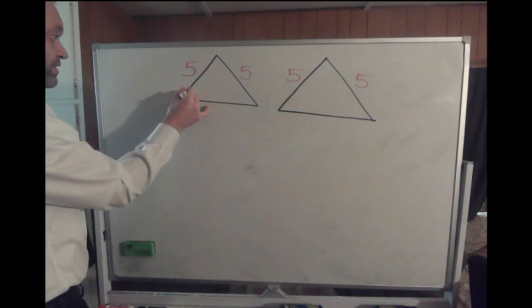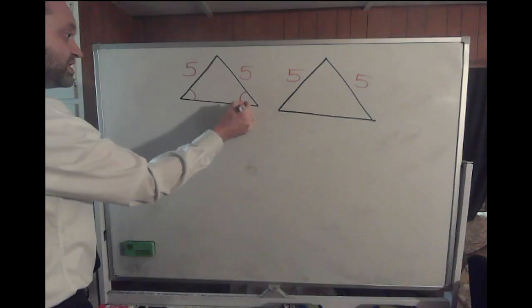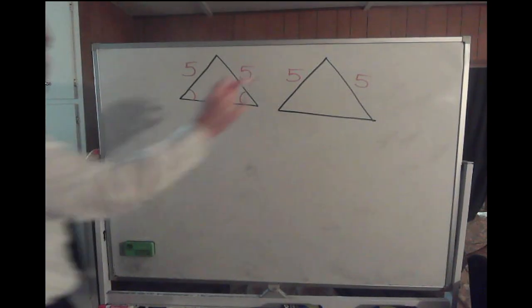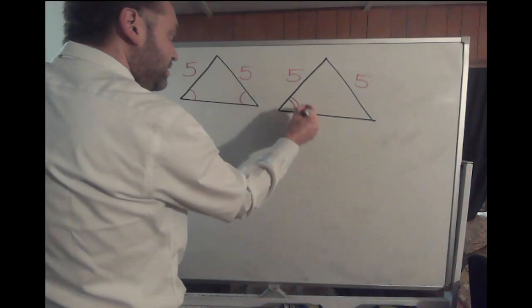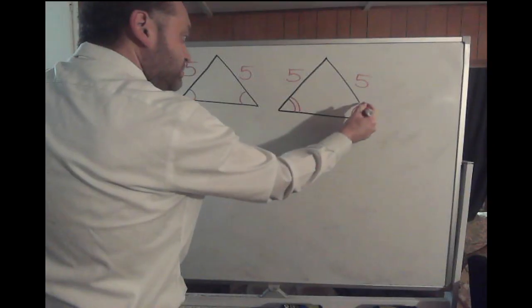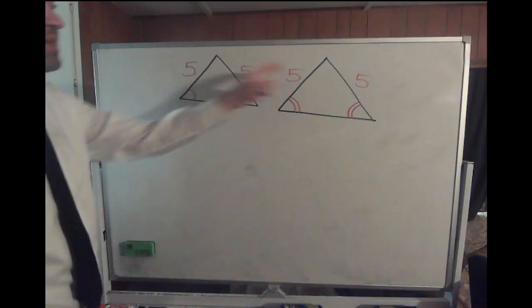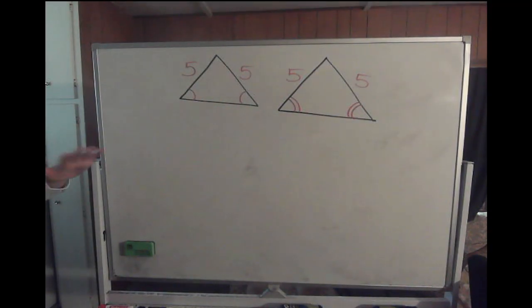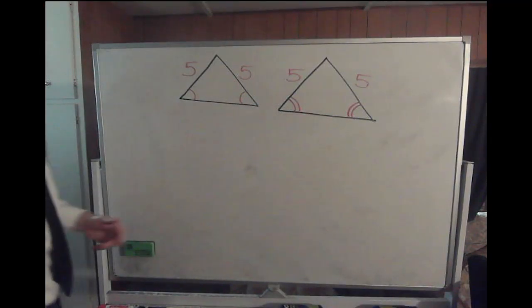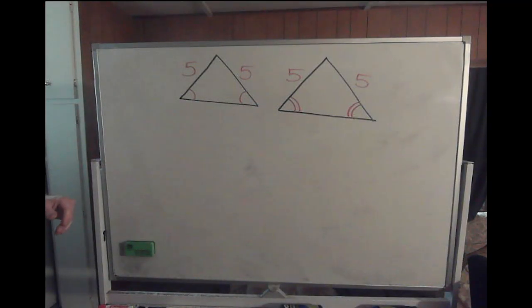So this angle here would be congruent to this angle here, and then the second triangle, this angle here would be congruent to this angle here. But here's the problem. We don't know anything about the third angle of these triangles. We know nothing about it. We don't even know anything about these two angles. We don't know if they're congruent or not. They could have different angles.